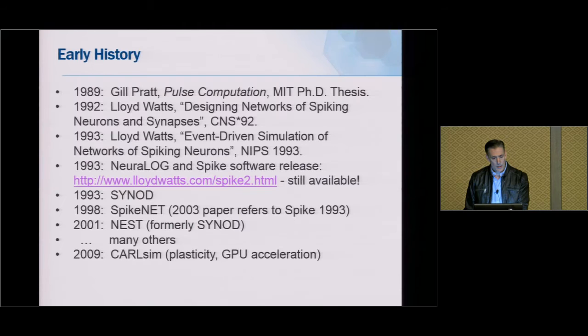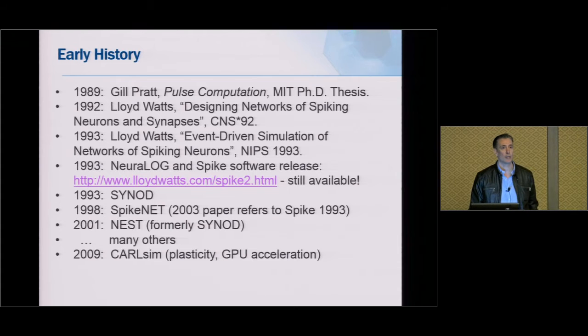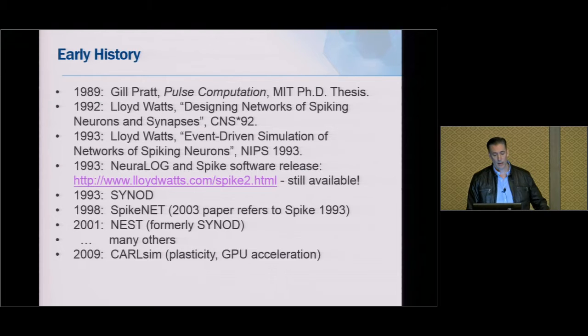So here I want to just give a brief history, as I see it. I haven't seen this published anywhere else, but an early history of event-driven spiking neuron simulation. I think most people would say that began sometime in 1999 or 98, that there was a beginning of real interest with NEST, Synod converted into NEST, SpikeNet 98, and modern talks.